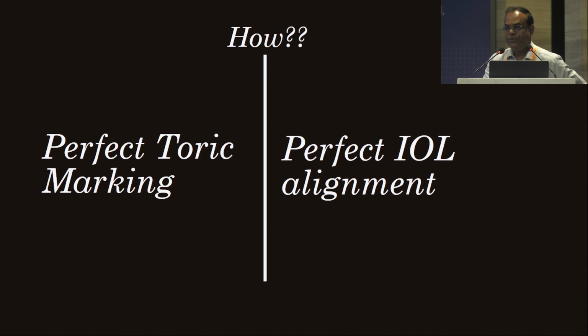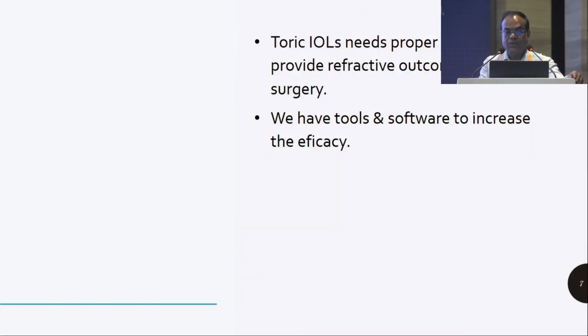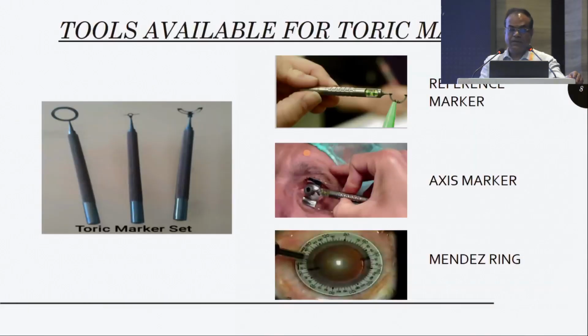So how do we do this? For this, we need to do perfect toric marking as well as perfect IOL alignment. Both things are very important. So toric IOL needs proper alignment to provide refractive outcome in cataract surgery, and we have tools and software to increase the efficacy of toric lenses.